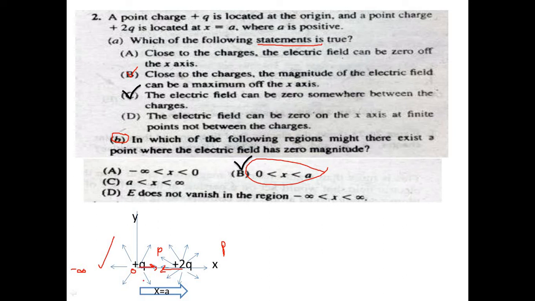This is only somewhere in between. Option D is E does not vanish in the region minus infinity less than x less than infinity. So minus infinity is there, plus infinity is somewhere there, and in between there is a region, this point, where the electric field could be 0. So option D is also incorrect.